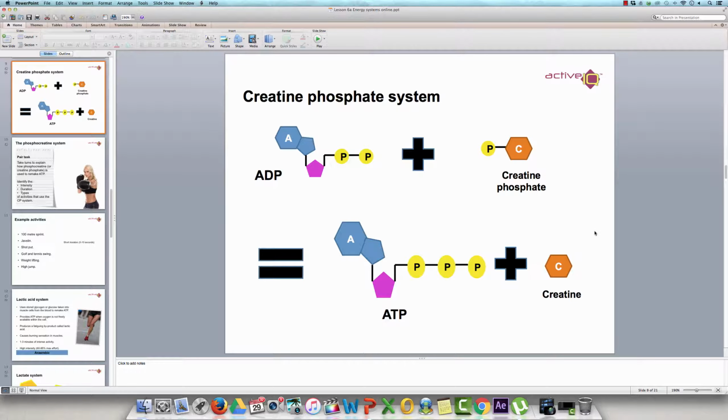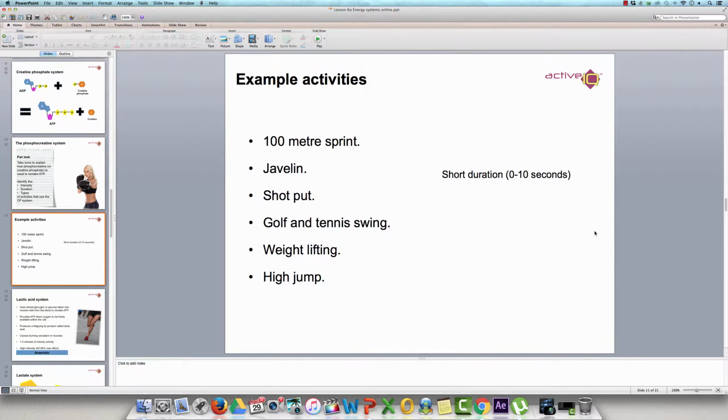That is essentially the process of how the creatine phosphate system works, and it is in very, very short supply. It's for activities of 0 to 10 seconds absolute max, really explosive stuff: the 100-metre sprint, launching a javelin, shot put, golf and tennis swings, weightlifting, the high jump, where you have to give a real maximal effort. Those are the kind of things we're going to be using the creatine phosphate system for, real short term, real explosive stuff.